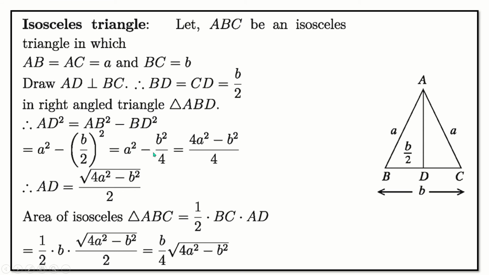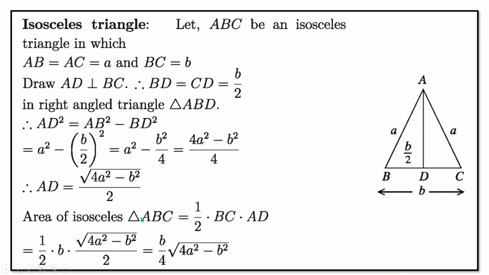This equals A square minus B square divided by 4. By calculating, we get 4A square minus B square divided by 4. Therefore, AD equals the square root of this. The square root over 4 means 2. That means AD is square root of 4A square minus B square, divided by 2.